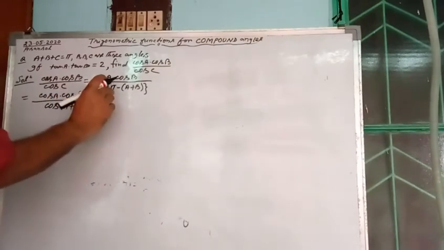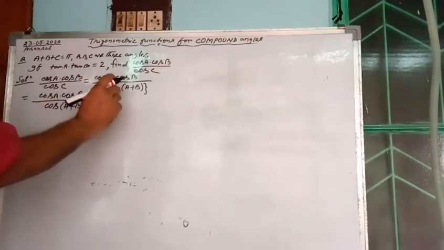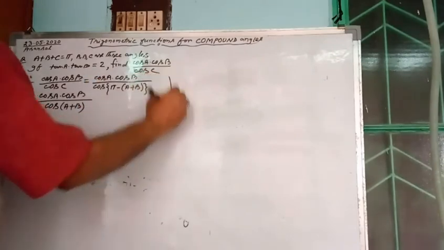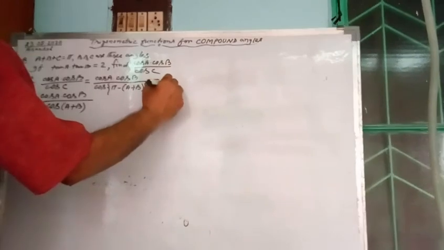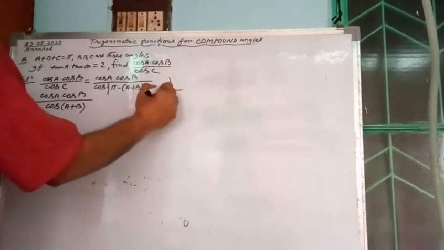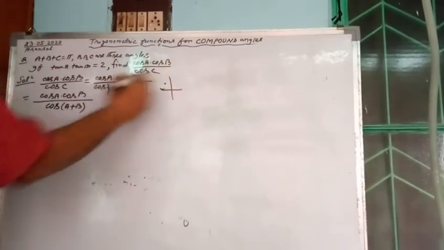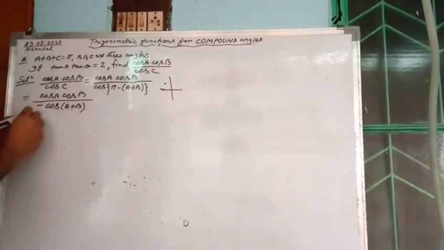When this is in the form of 2 into 90, means an even multiple, 2, 4, 6, then cos will be cos (A plus B). And in which quadrant will it lie? Pi minus (A plus B) will lie in the second quadrant. In the second quadrant, cos is negative. So minus cos (A plus B).